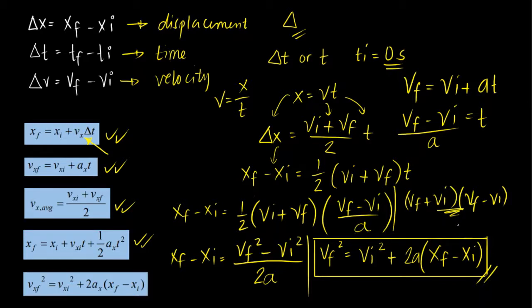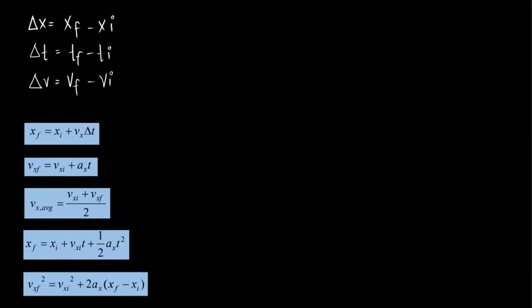Those are the 5 formulas. Para for our free-falling bodies, guys, ang aton gamiton nga equations will still be the same, and we're only gonna talk about the examples na lang.